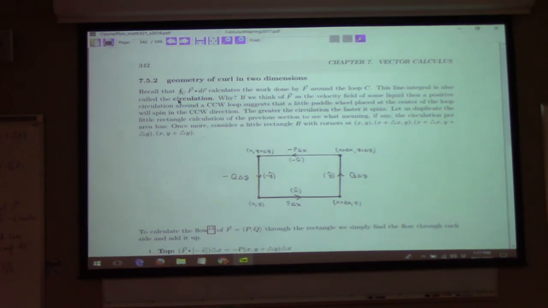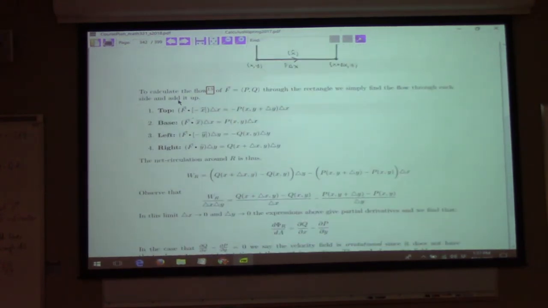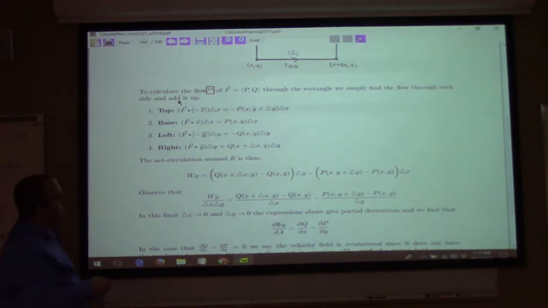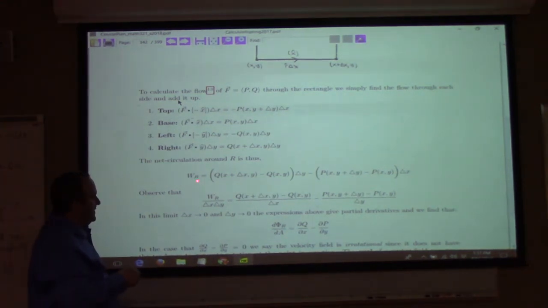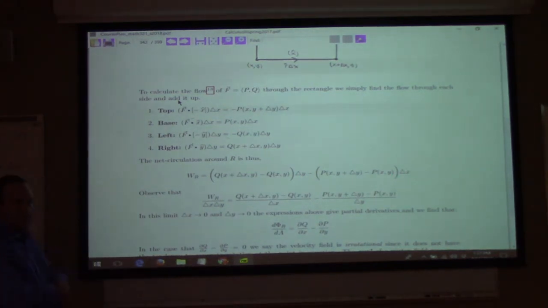And when I do, there's the details, just like we went through before for the other. When I look at that, that's the work done by the vector field along the rectangle, or the circulation, if you prefer, for you fluid theorists.